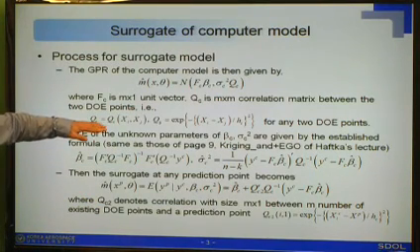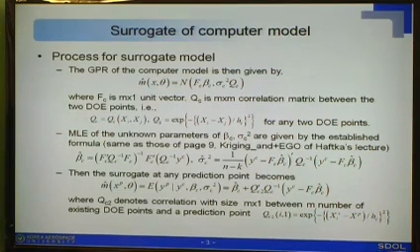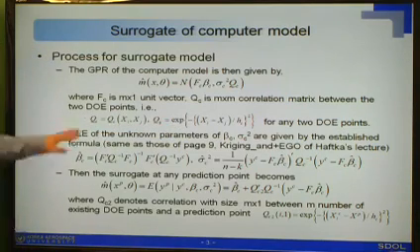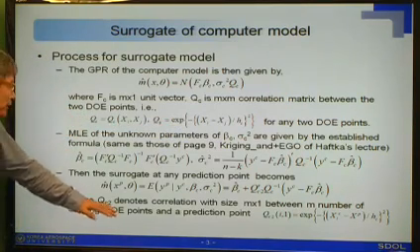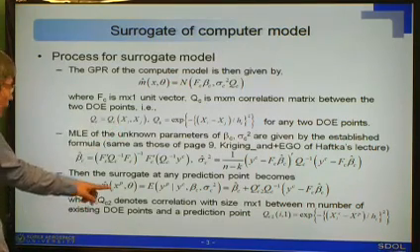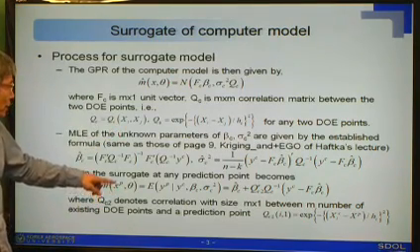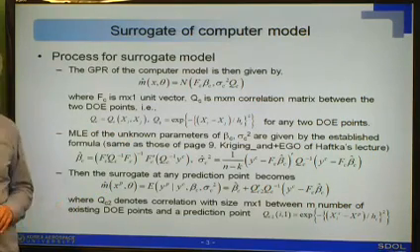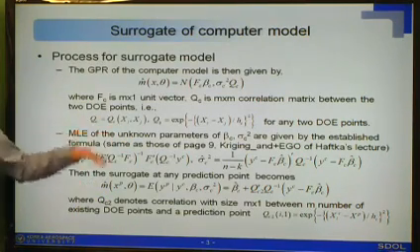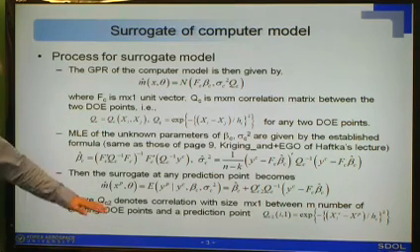QC is the correlation between any two experimental points given by this equation. In the same way, QC2 represents the correlation between any new points with the existing points. So in that way, you have to understand the meaning of QC and QC2.